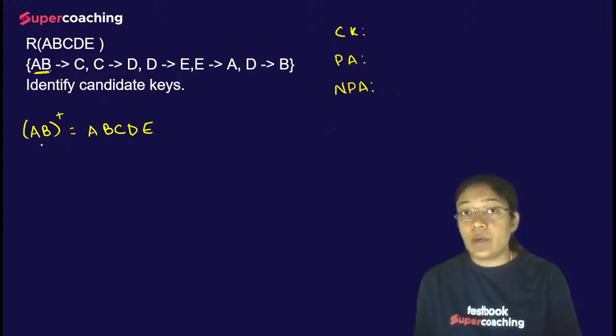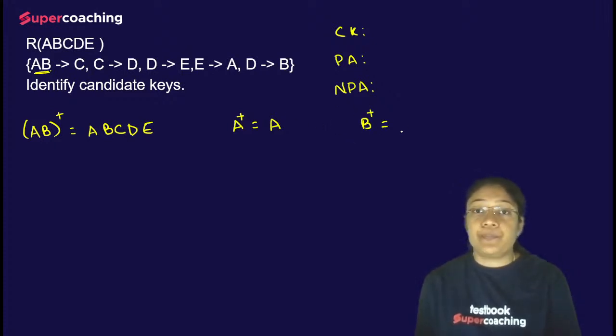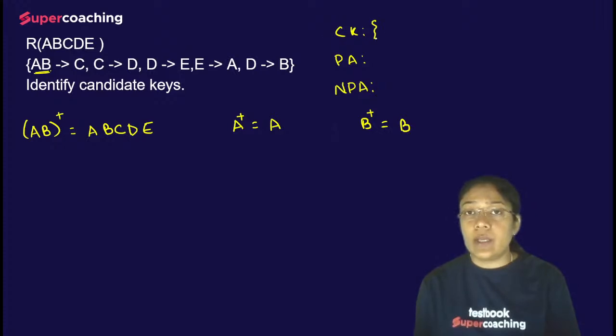Since here two attributes are there, I will not directly call this a candidate key. I'll check the attribute closure of its subsets. A closure: A is determining itself and alone A is not determining any other attribute. Check B closure: it's B, and B alone is not determining any other attribute. So here we can say that AB is a candidate key.